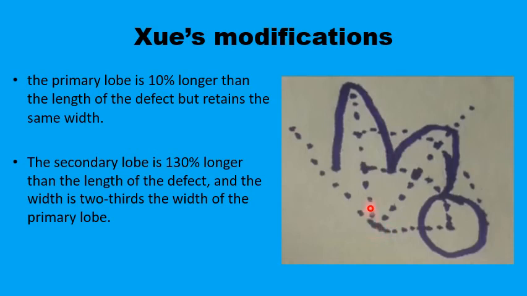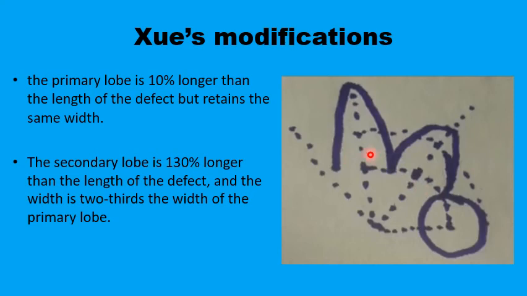And then you draw either a 90 degree or a 110 degree angle, and bisect it so you get 45 degrees each, or 55 degrees if required, and then draw two arcs from the center of the defect. The first arc would intercept with the 45 degree line in the center of the primary flap, and the second will be in the center of the secondary flap.